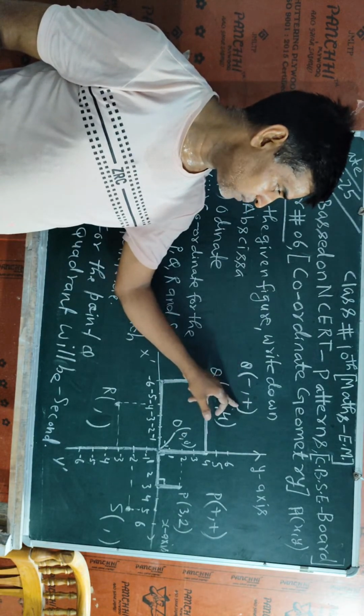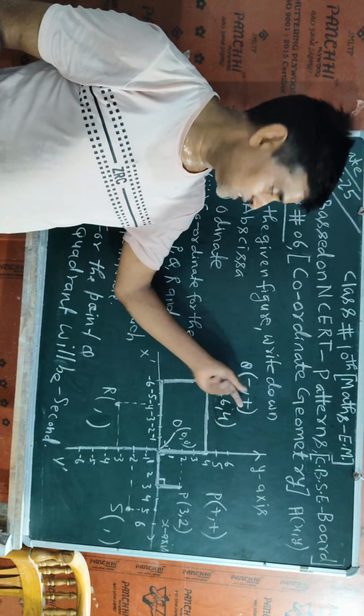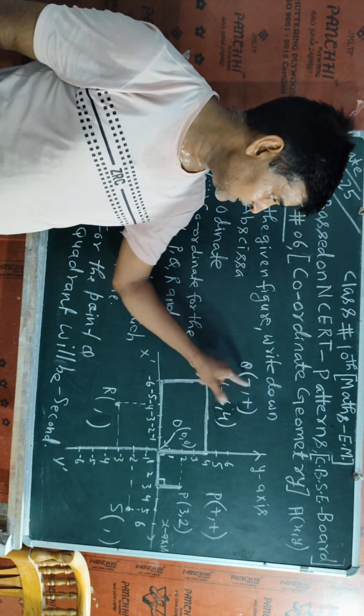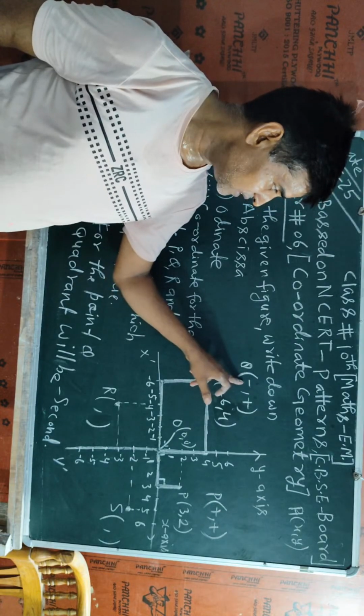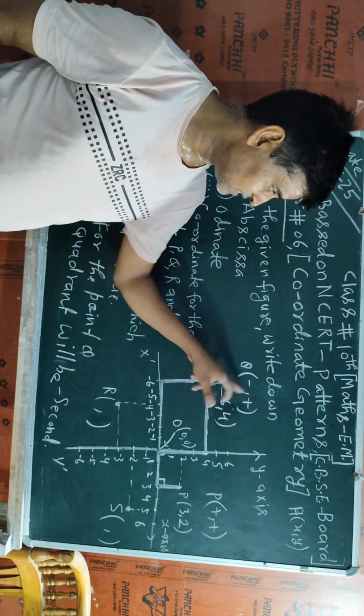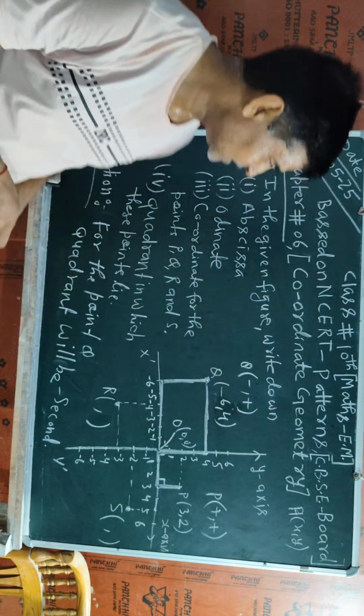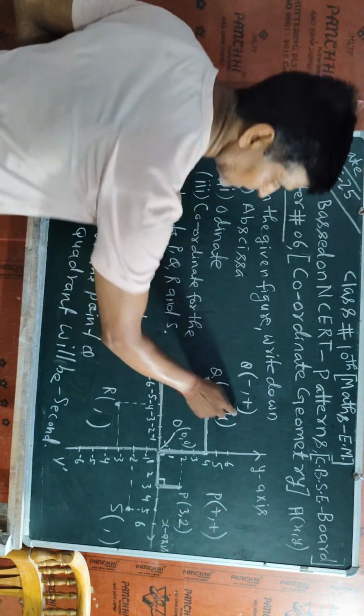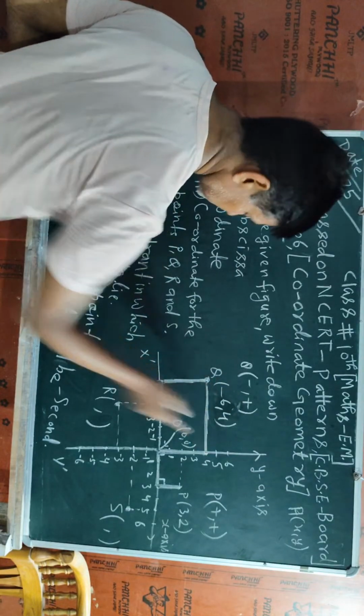So minus comma plus is available in the second quadrant, and this second quadrant has the information (-6, 4).